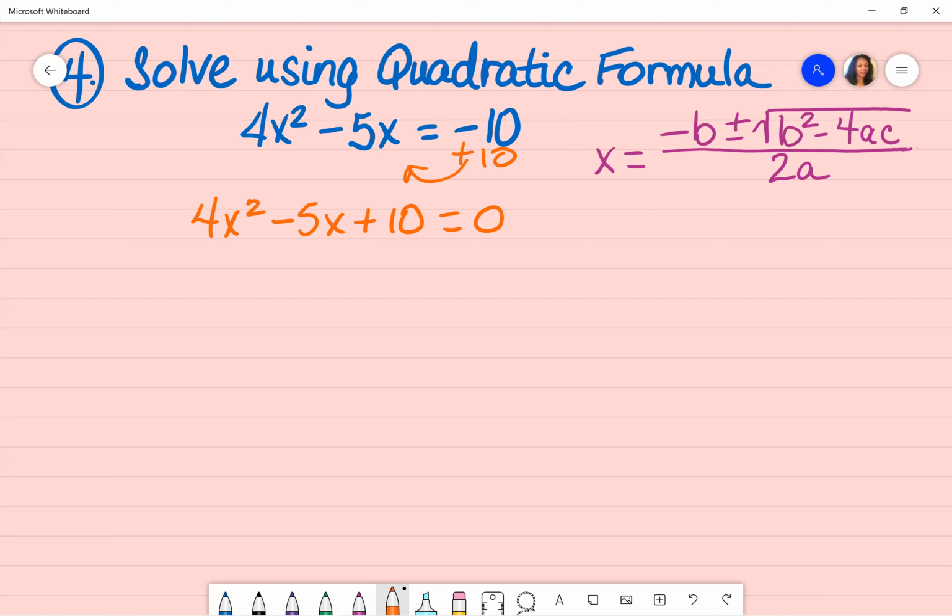Now I can identify my A, B, and C because that's what I need inside of my quadratic formula. A is going to be 4, B is -5, and C is +10. So A, B, C. And then I just substituted in according to what the formula tells me. It tells me that -b, which is also a -5, notice that this negative is still here because that's part of my formula.